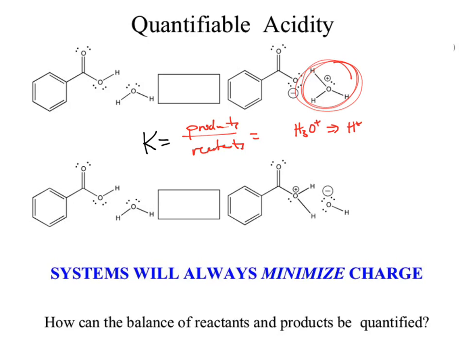If we move to the bottom one, same deal. K is products over reactants, except what do we see as one of our products? OH minus, which is a base. So if I write out the KEQ for that one, I might call that one the Kb, because it's producing a base. That's where Ka and Kb come from.